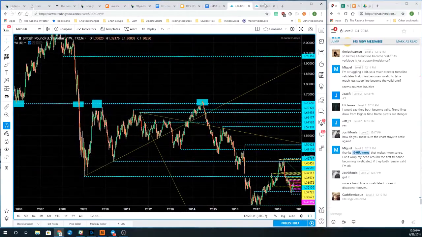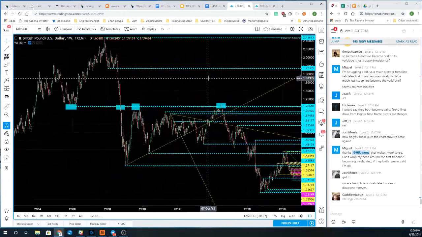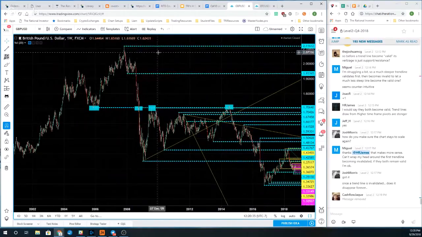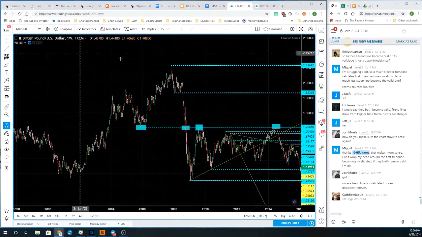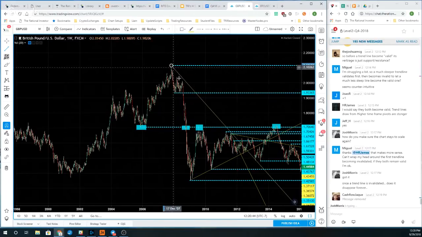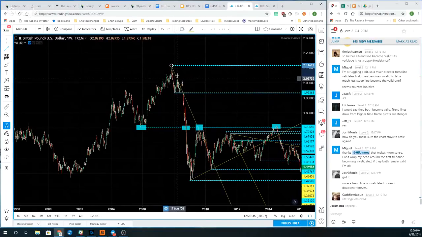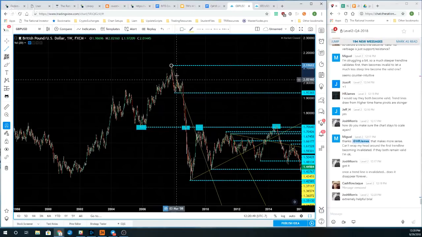Okay, so what I wanted to show you, and I think we did, but here's not a bad example, right? Brian, this looks really steep. If I do a trend line off of here to here, I don't know how usable that is. Come on, you.